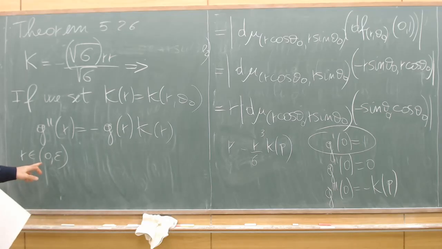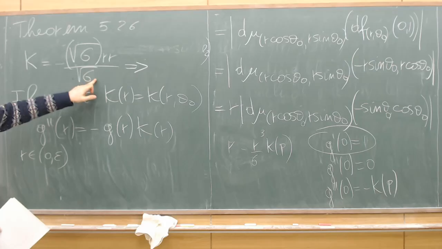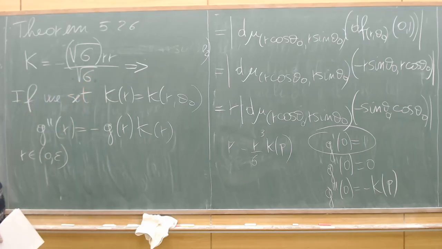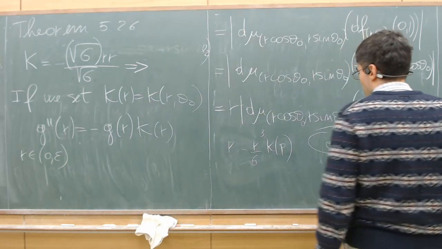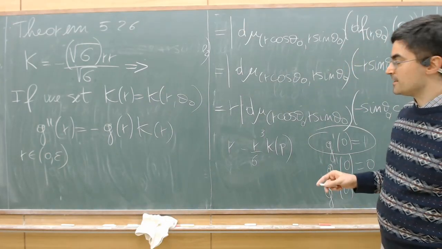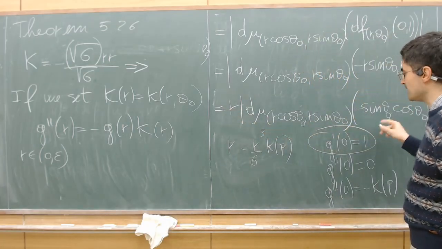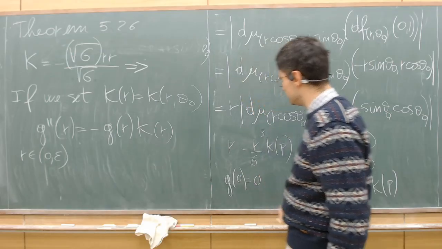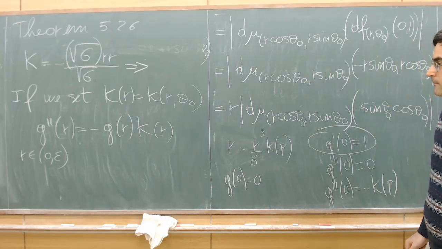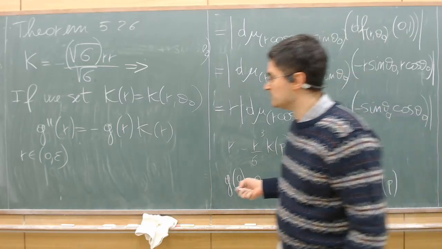The reason why it's not true a priori for r equals 0 is that here you have a square root of g at the denominator, and the denominator becomes equal to 0 when r is at 0. We wrote before this formula, which says that g at 0 equals 0. And actually we define g this way to make it smooth.